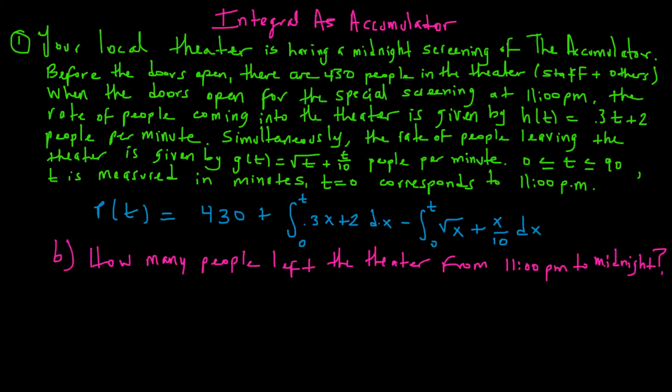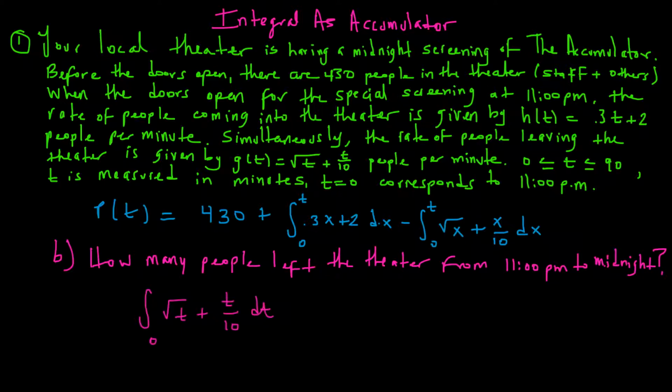I just want to know how many people left the theater. So all I have to do then is take the integral of the loss, which is the square root of t plus t over 10 dt. And what are my limits going to be? Well, it says from 11 p.m. to midnight. 11 p.m. was when the doors open, and they told me that that corresponds to t equals 0.